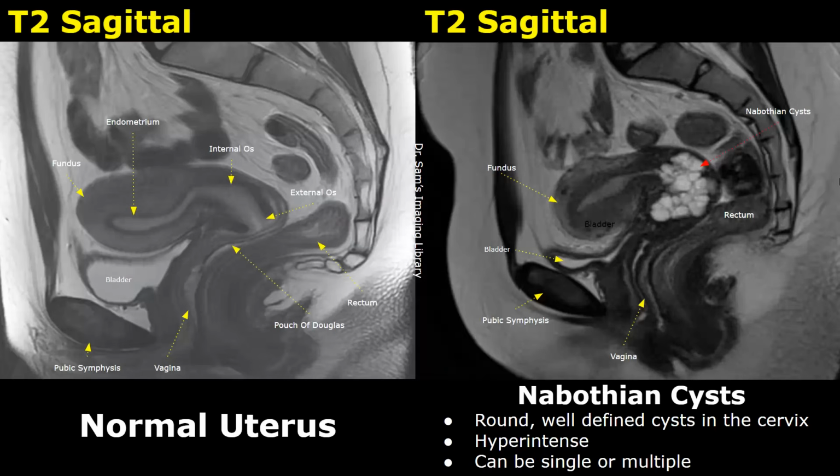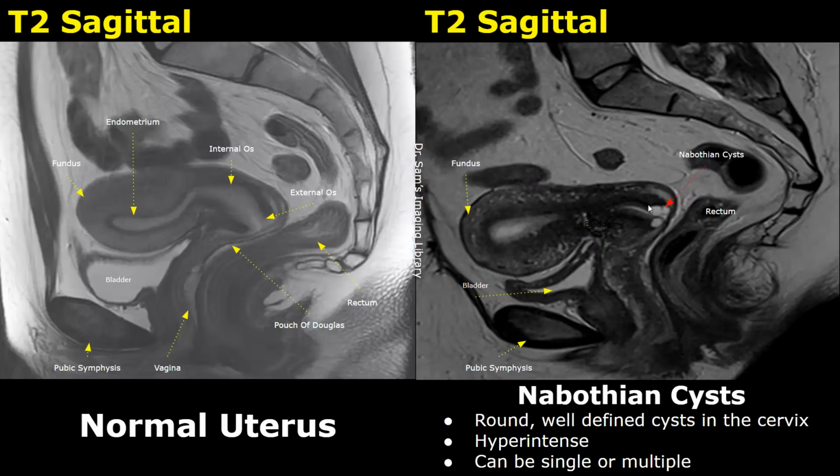These cysts can be single or multiple. Here is another case of Nabothian cysts. We find some cysts within the cervix that are round, well-defined, and hyperintense in a T2 sequence.